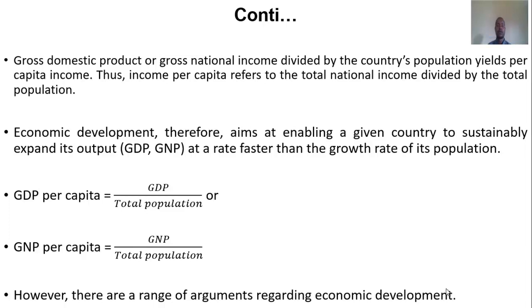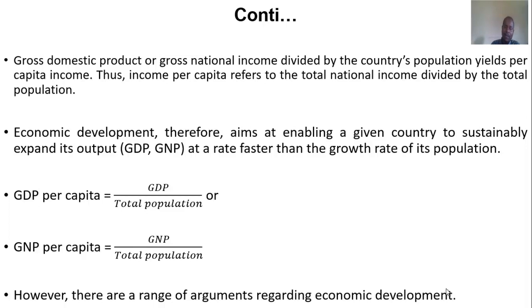In the language of economics, the total national income in the form of either GDP or GNP divided by the total population of the country yields income per individual, and that income per individual is technically called per capita income.